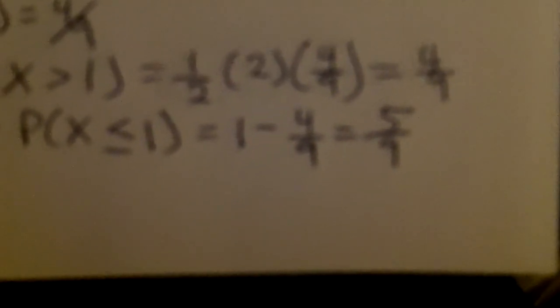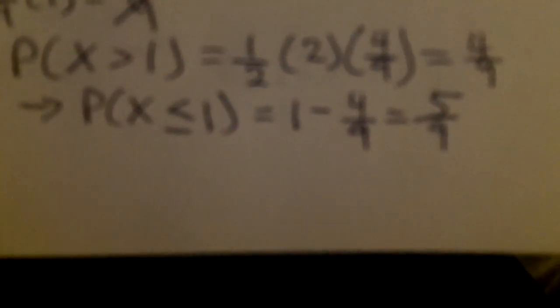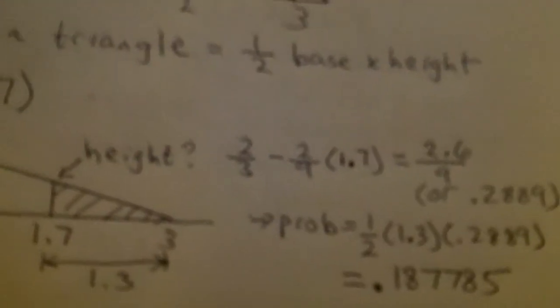The interval that we're working with goes from 1 to 3, so the length is 2, times the height, which is 4/9, and that works out to be 4/9. So the probability that x is less than or equal to 1 is 1 minus that. 1 minus 4/9 is 5/9.